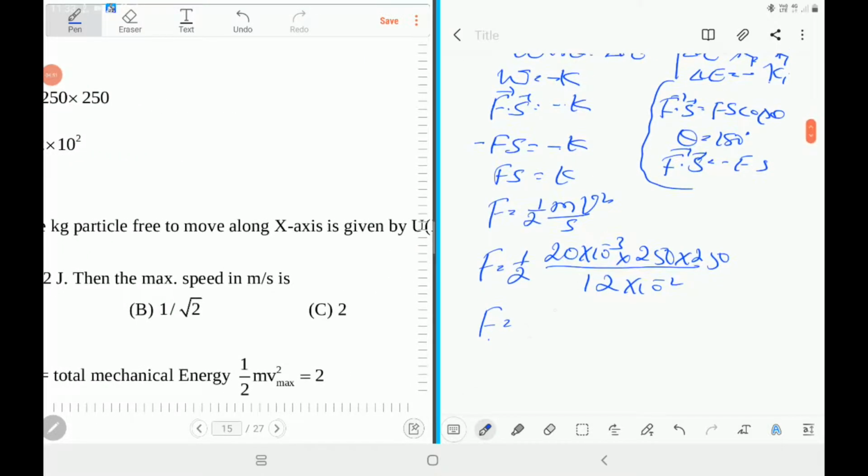The 10 power minus 3 and the denominator cancel out. 25 times 25 is 625, divided by 12, 10 raised to the power plus 2.